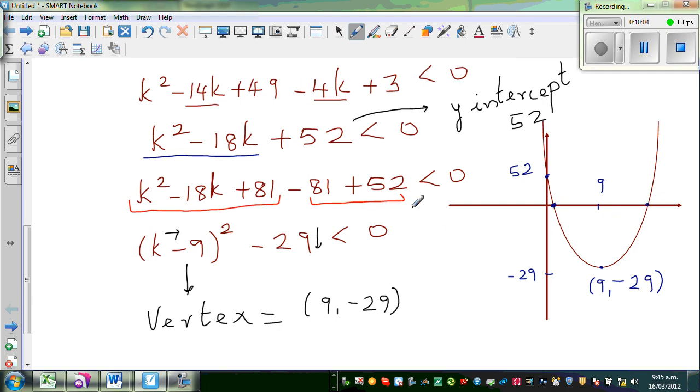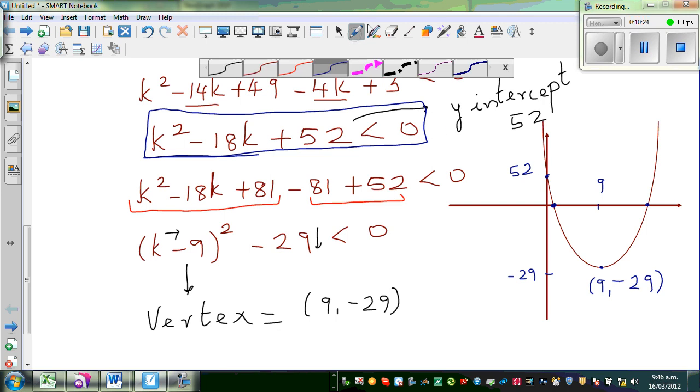So if you look at this inequality, we are asking when this parabola is less than 0. We're interested in those values of k which make the values of the parabola less than 0. At these 2 points, your parabola is equal to 0.